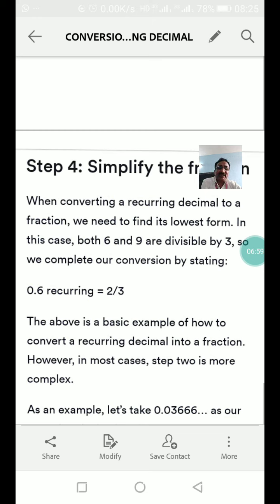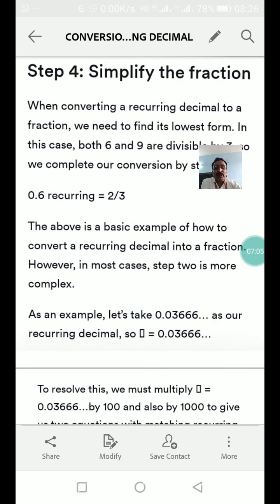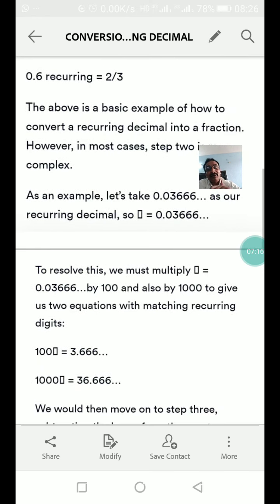However, in most cases, step 2 is more complex. Just like, let us take 0.03666 as our recurring decimal. So x equal to 0.03666. Here 6 is repeating.